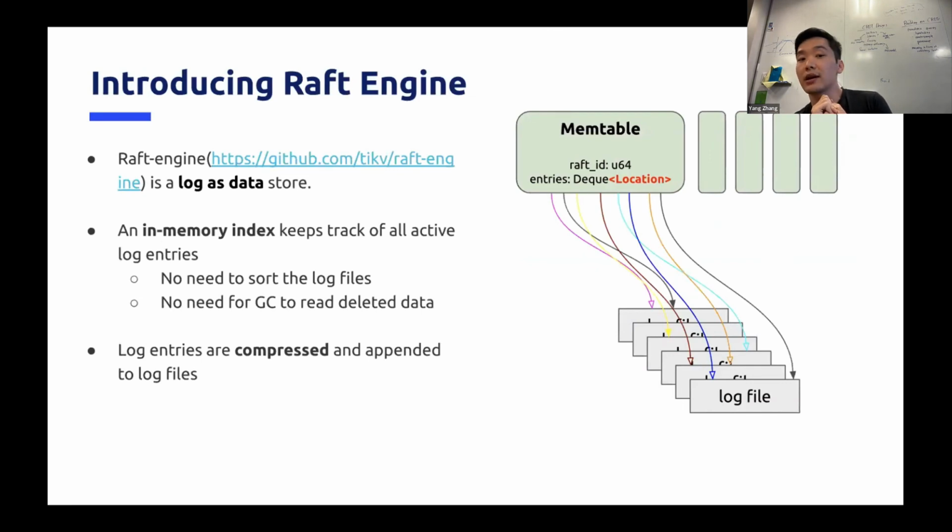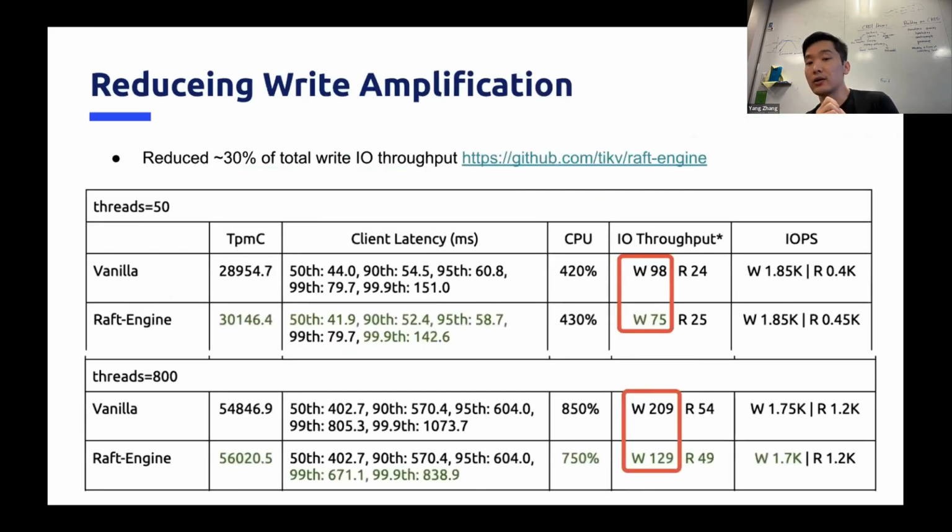It's basically a log-as-data store, where we just manage a bunch of files. Through this optimization, we were able to save a lot of I/O resources. As you can see here, depending on the environment, we were able to reduce total I/O usage by around 15% to 40%.